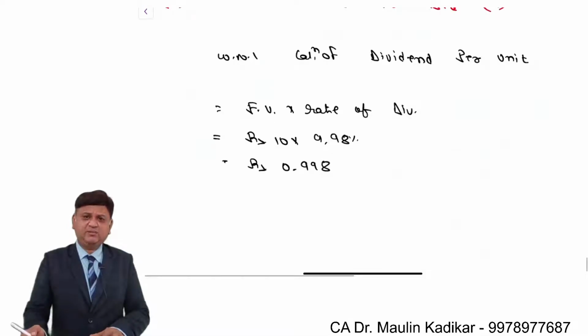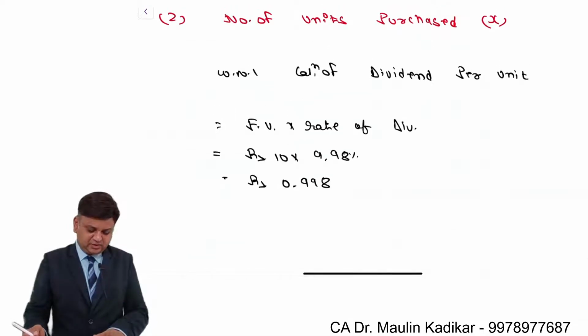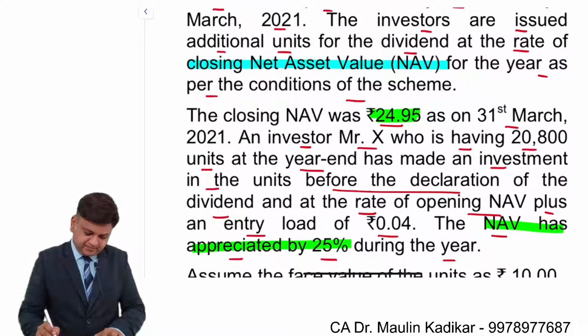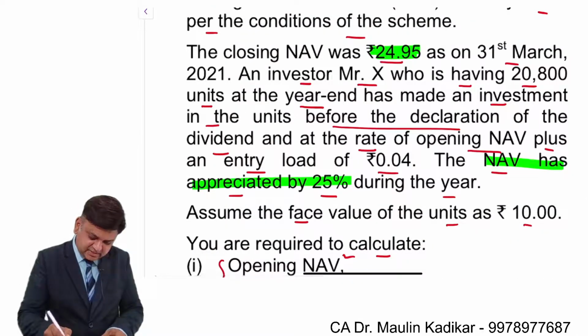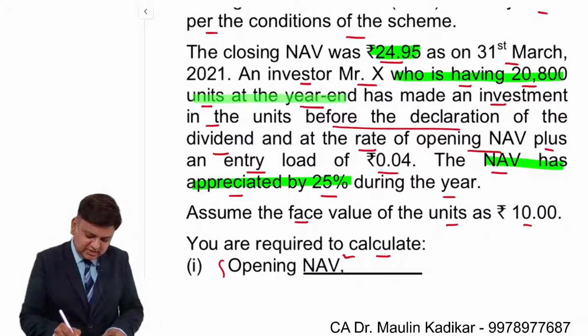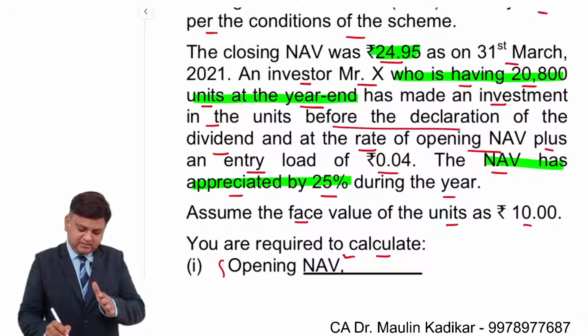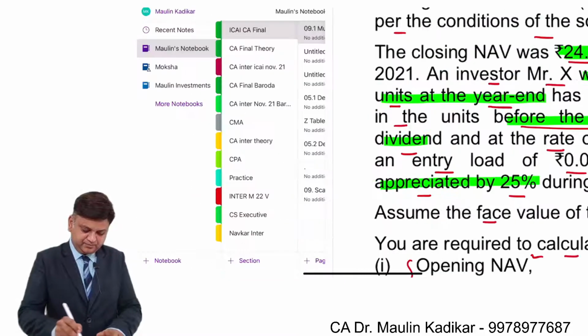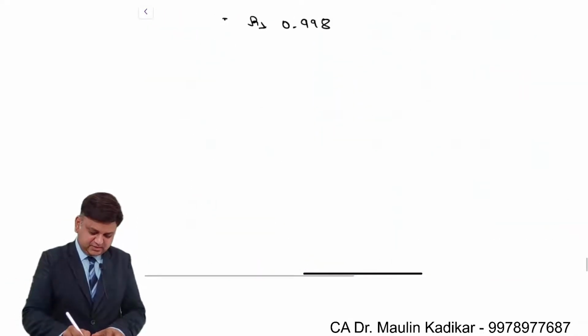That is the way the amount of the dividend per unit can be calculated. You can see that the question says like this. An investor, Mr. X, who is having 20,800 number of units at the year end, has made investment in units before the declaration of the dividend. So we understand like this.